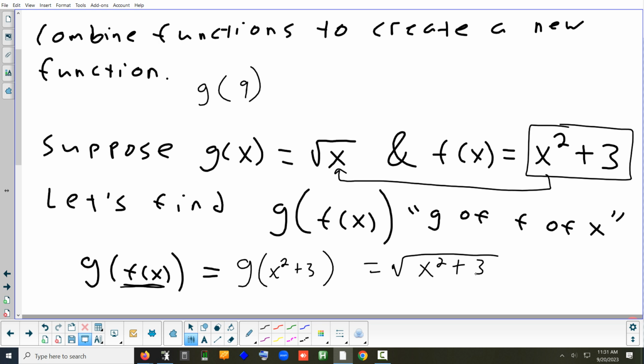You took x squared plus 3 and you filled it in for x. And no, that square and square root do not cancel. When you have a plus or minus under the root, it messes that up. If you just have this, then sure, square and square root cancel out. But once you put a plus 3 here, you can't. So that's as simple as it gets.